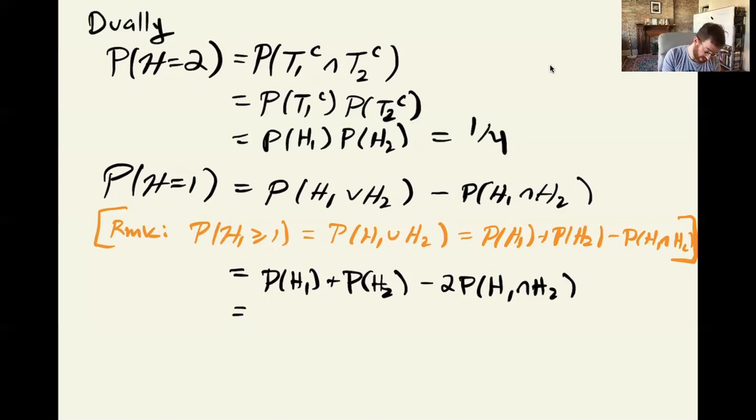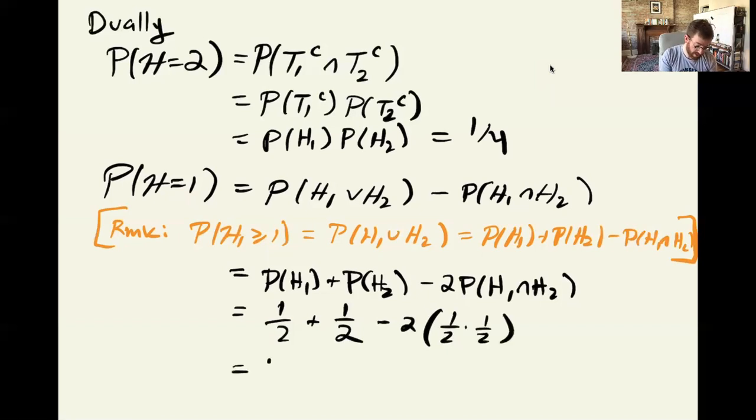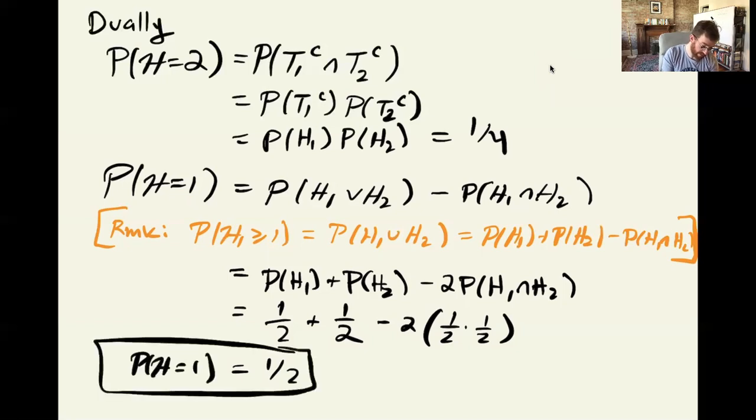It's 1/2. So 1/2 plus probability of the second coin being heads, well, that's also a half. So if we didn't subtract things off, we would have already mistakenly concluded that the probability of this happening is 1. It's not true. So now I need to take minus 2 times, well, this is obviously a fourth, right? 1/2 times 1/2 by independence. So this ends up equaling a half in total. So the probability of H equals 1 ends up being a half.